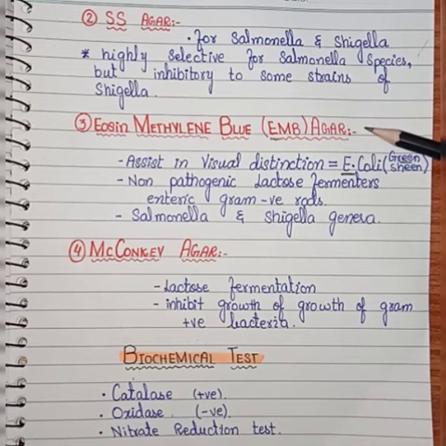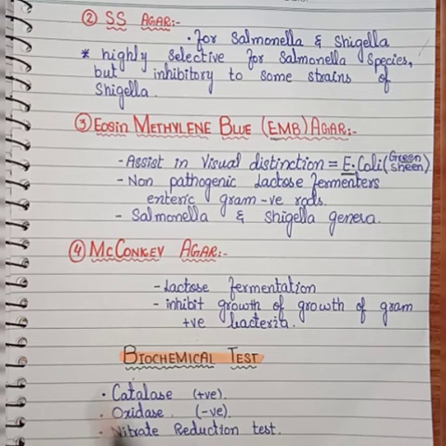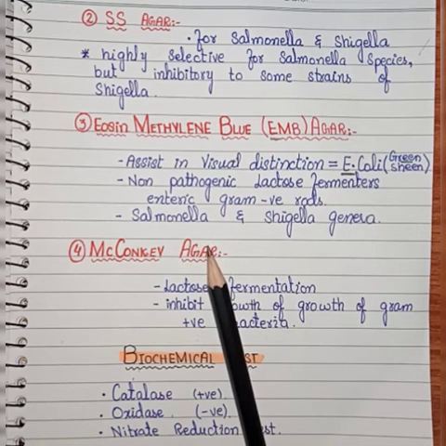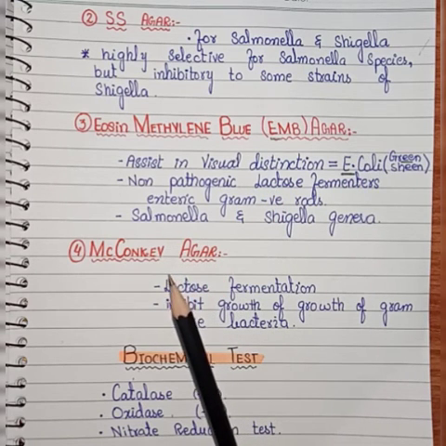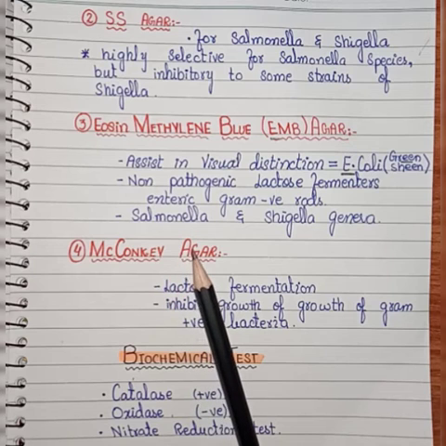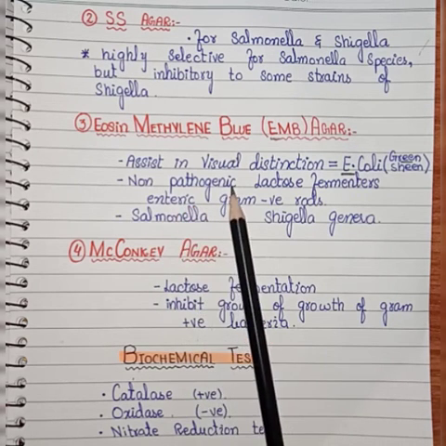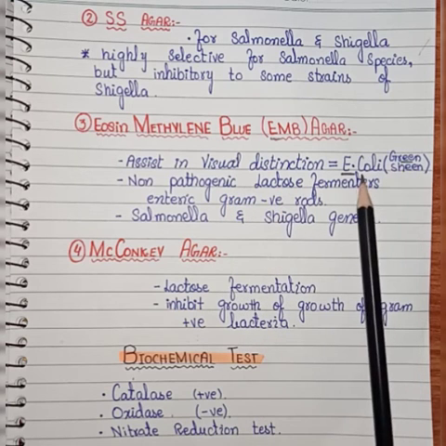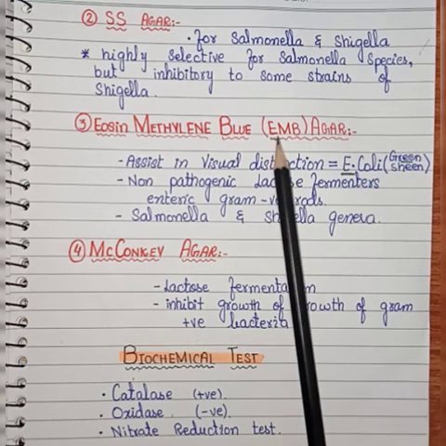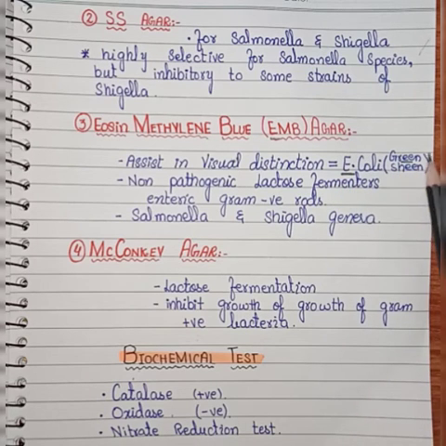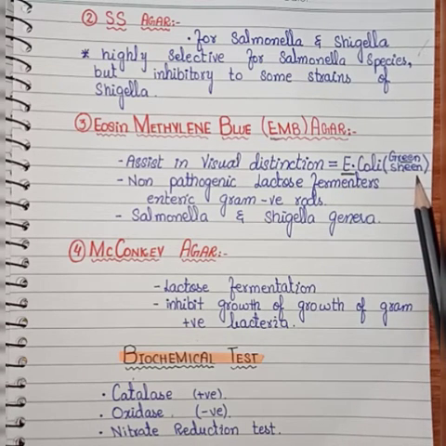Now let's move to the next, that is eosin methylene blue agar or EMB agar. What is the function and why we use the eosin methylene blue agar? Basically we use this agar, it assists in visual distinction of E. coli, and it will show us the green metallic sheen colonies on the eosin methylene blue agar.